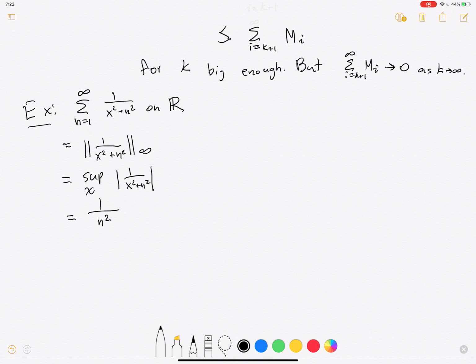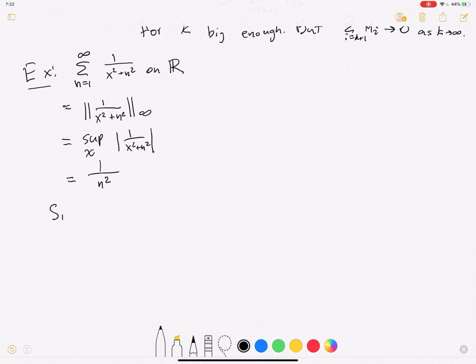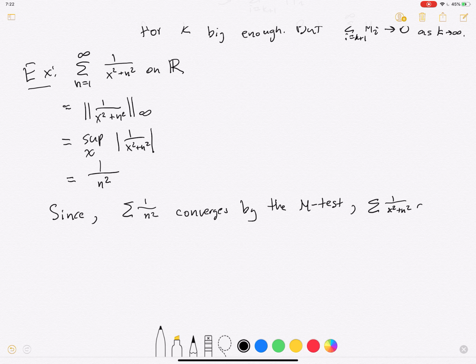Otherwise it'd be smaller. Since the sum of 1 over n squared converges by the M-test, which you might have seen in a calculus class, then the sum of 1 over x squared plus n squared converges uniformly.